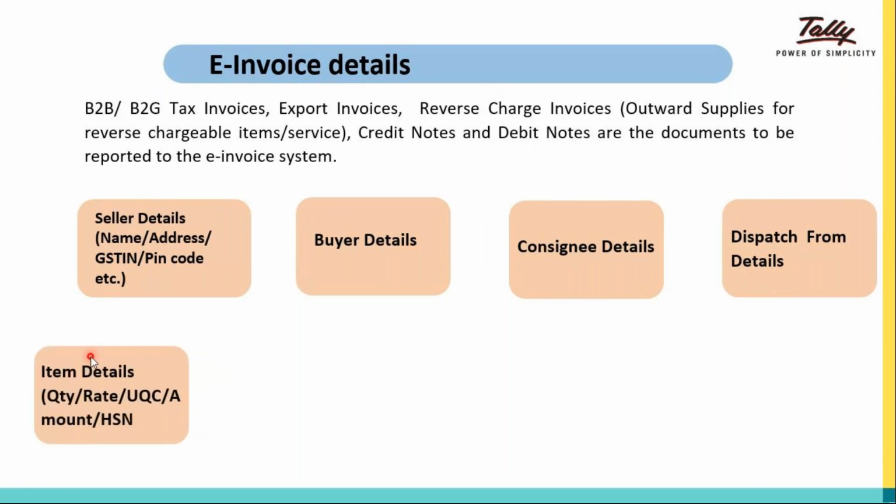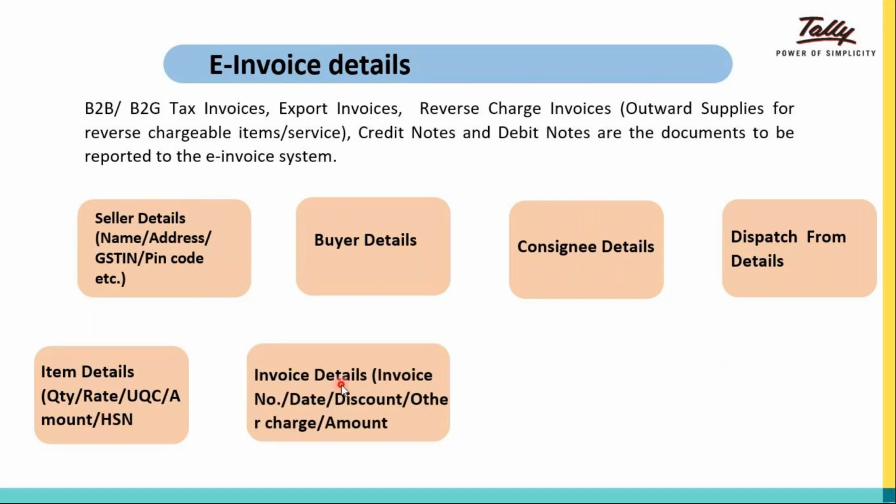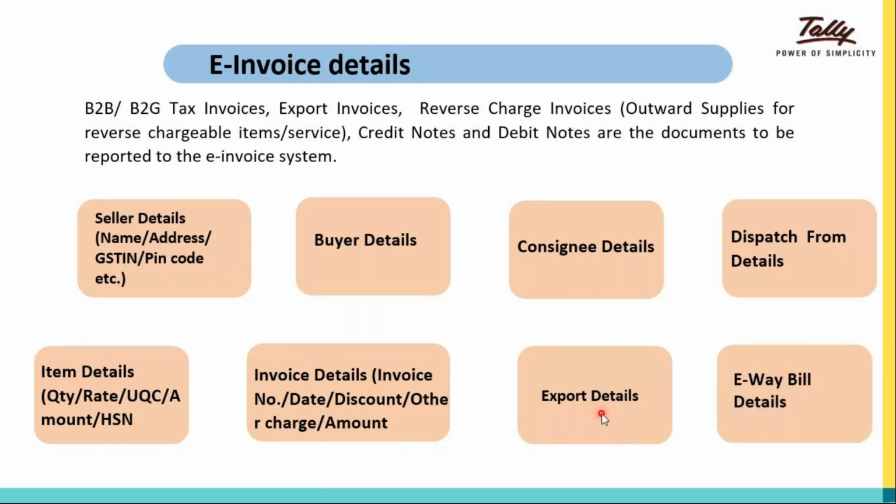Then the item details, that means what the goods are, what the quantity is, at what rate, the HSN code, all those things. Then the invoice details, the sales invoice number, the date, the amount, and all those things. Then if you are exporting, you will have your export details as well. And if you have an e-way bill along with the e-invoice, you will have the e-way bill details as well. So these are all the different fields that will be there in your e-invoice. If you want, you can take a screenshot of this.